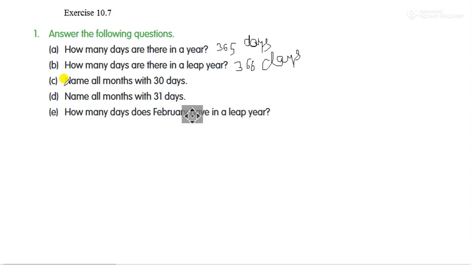Next, name all months with 30 days. So the 30 day months are April, June, September and November.